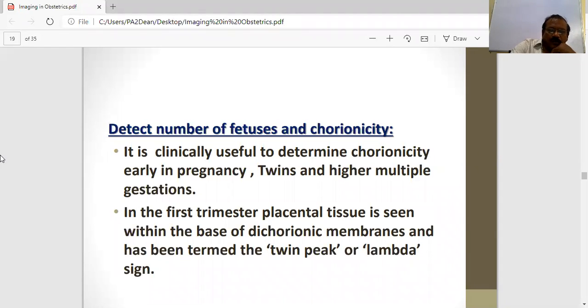When there are 6 fetuses, we call it sextuplets, 5 fetuses pentuplets, 4 fetuses quadruplets, 3 fetuses triplets, and 2 fetuses twins. Placental tissue is seen within the base of the dichorionic membrane, and it has been termed the twin peak or lambda sign. So by that we will be able to diagnose dichorionic diamniotic twins.